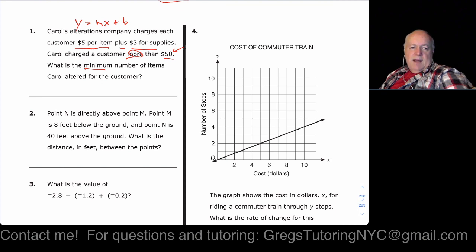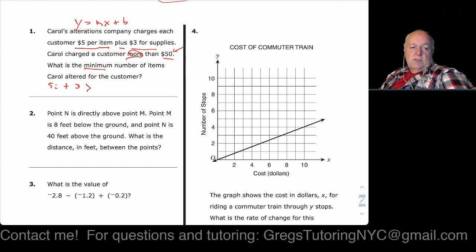So if we have $5 per item, I'll call that I, right? Plus $3 as kind of a flat fee she's charging for supplies, right? And she wants to charge more than $50.